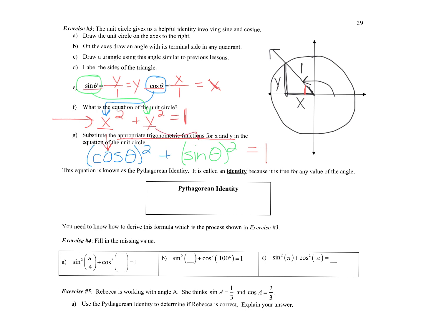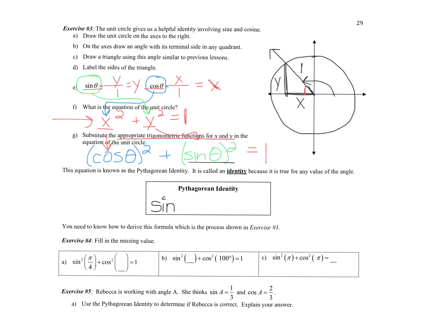Now, a couple different things about how we write this. This is called the Pythagorean Identity. It comes from the equation of the circle, Pythagorean theorem from the triangle. That's why it has that name. When we write it, we typically write sine first, not cosine. Also, and this is just notation, when we want to say the sine of theta squared, it can be a little tricky.